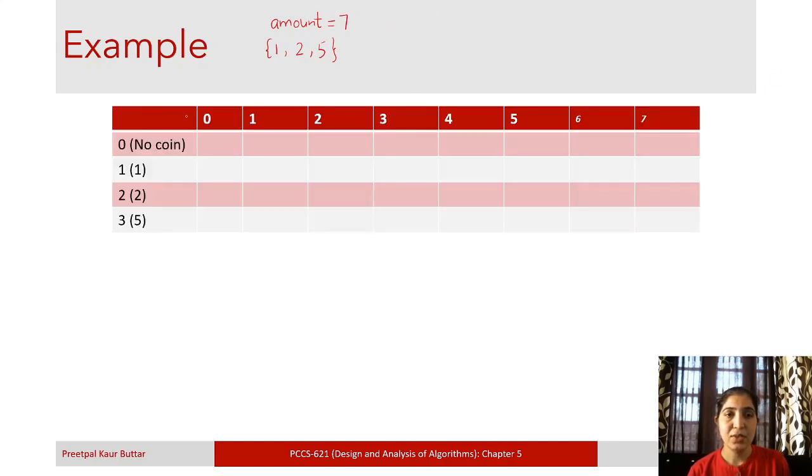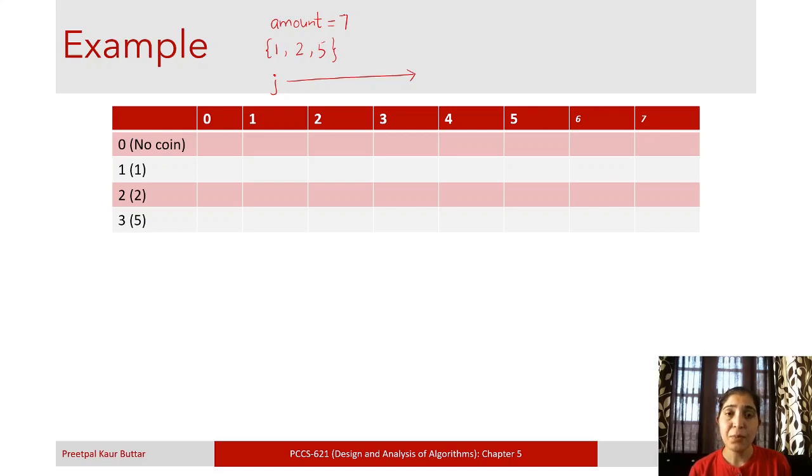This is the matrix, and this is the horizontal axis. We have a variable j for these values. So j can be 0, 1, 2, 3, 4, 5 up to 7.